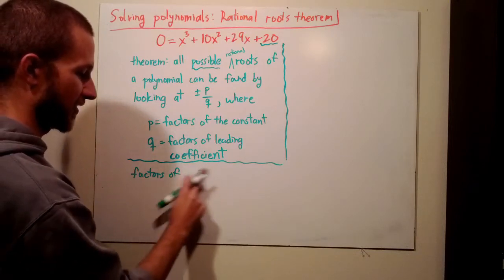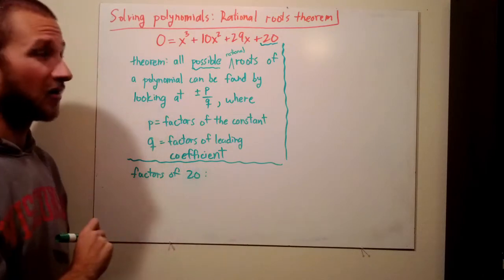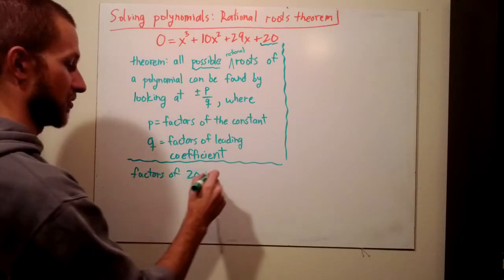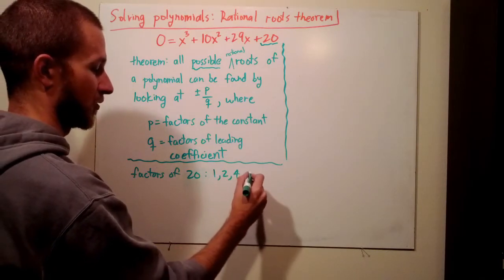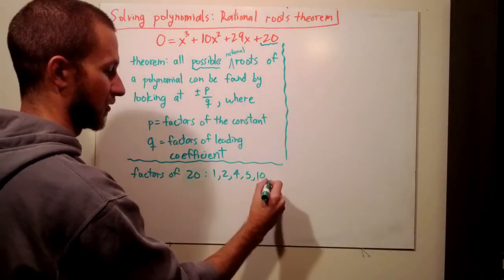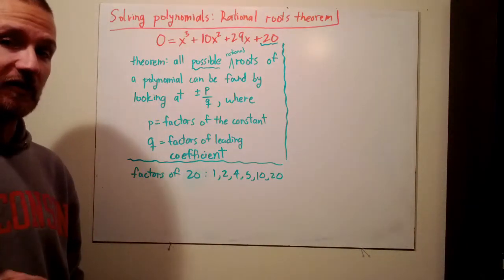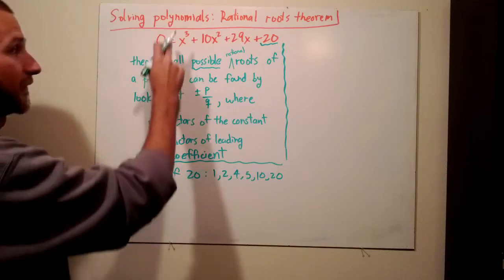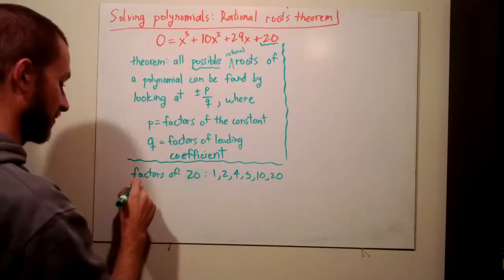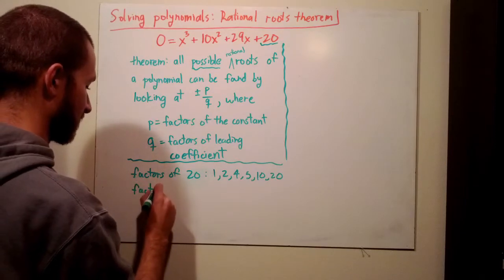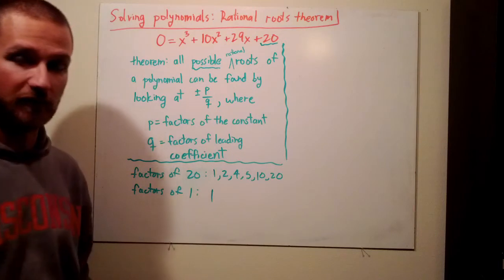Factors of 20 could be 1, 2, 4, 5, 10, and 20. Those are all the numbers that we can evenly divide 20 by. Look at the first term. The first term is just a 1, the coefficient of the x cubed. So factors of 1 are just 1.